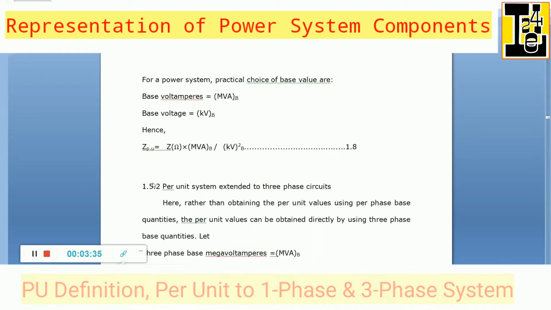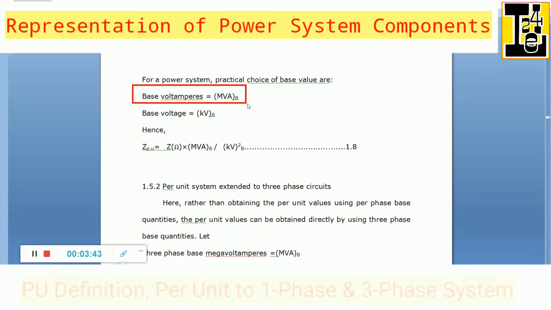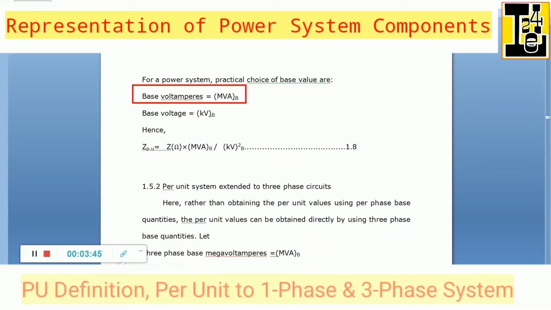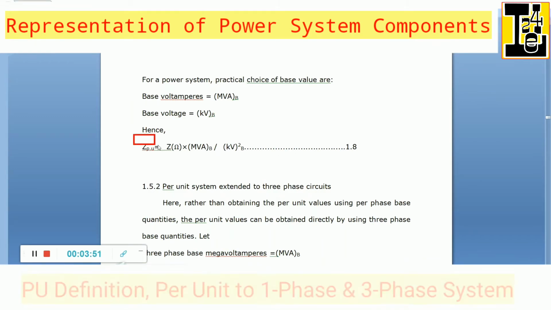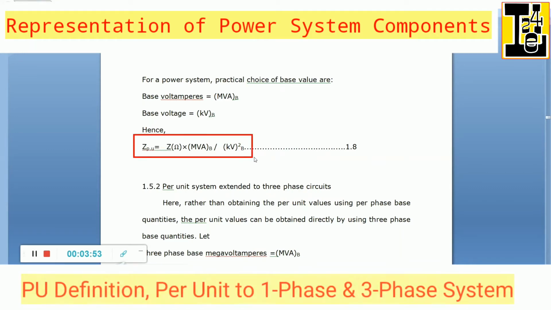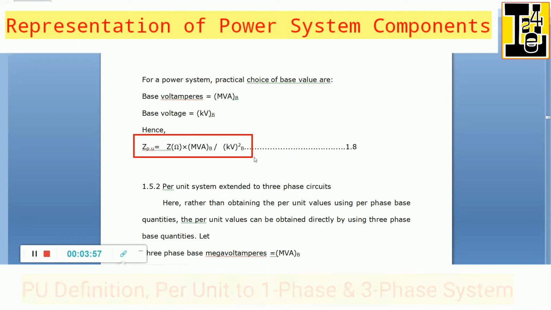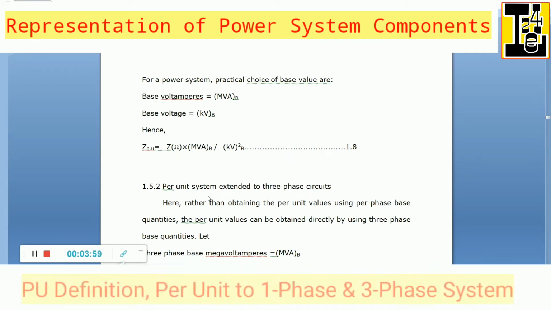For a power system, the practical choice of base values is base volt amperes equal to MVA base and base voltage equal to kV base. Hence, Z per unit is equal to Z ohm into MVA base divided by kV base square.